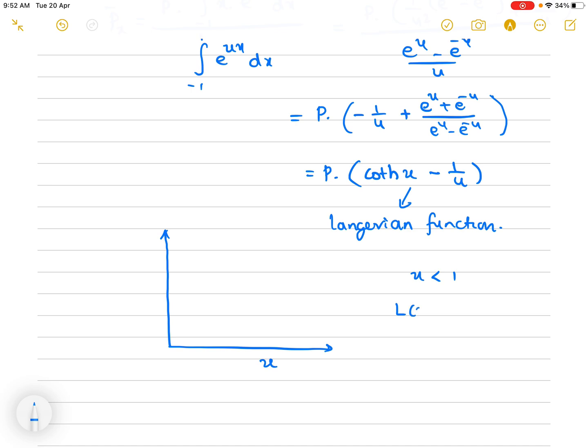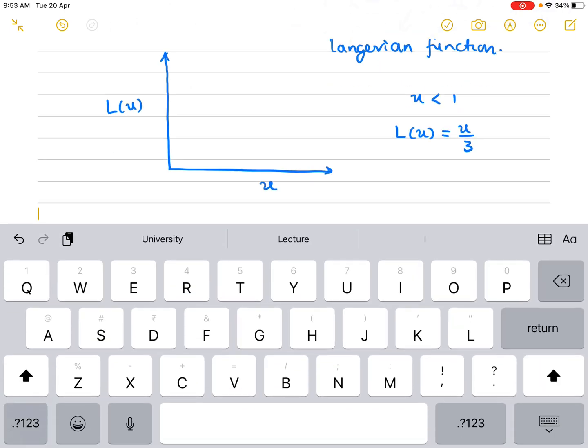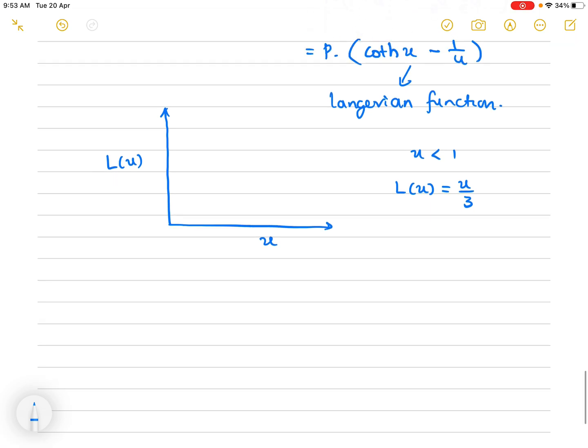L of u becomes u by 3, so we get a linear function. However, at u greater than 1, L of u is constant. So here the function is constant.